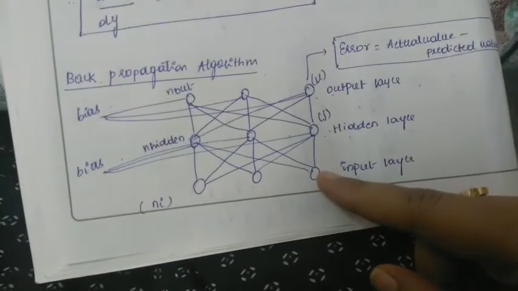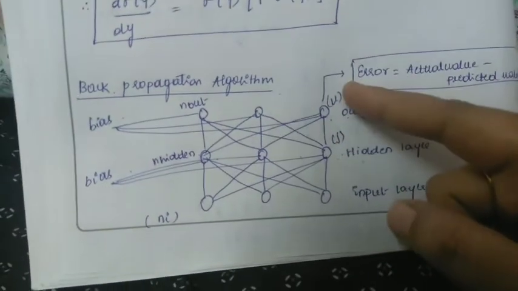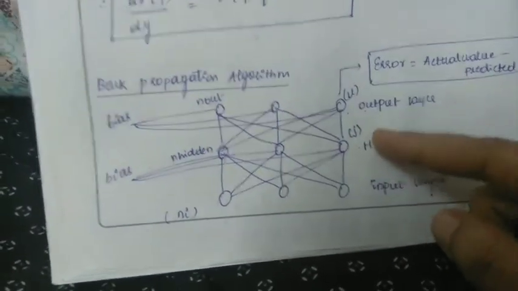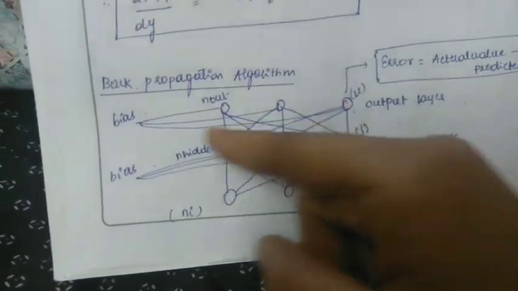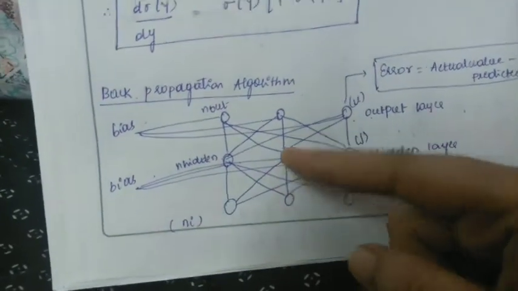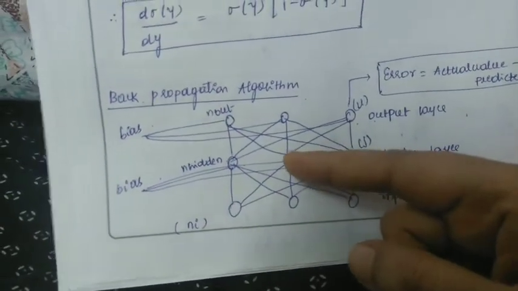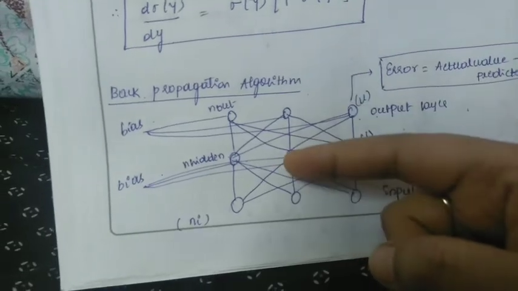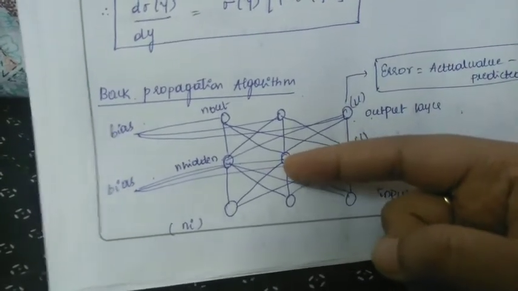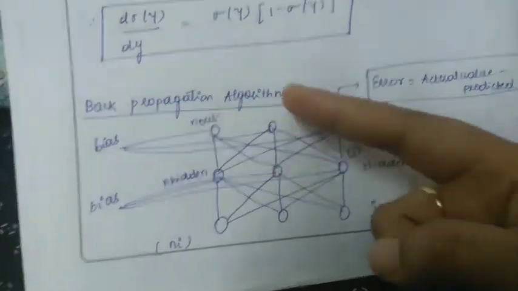So when I consider this diagram, this is my i unit, this is my j unit, and this is my u unit. Here this j unit, I'm going to split into two cases. In the first case I consider this as an output unit, that is this hidden unit acts as an output unit for the next layer.